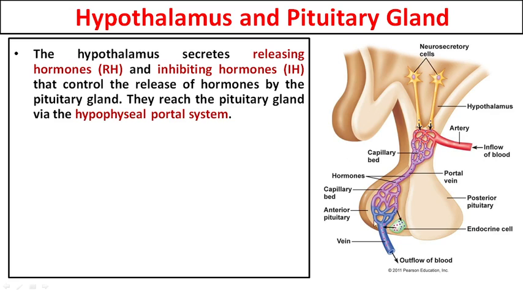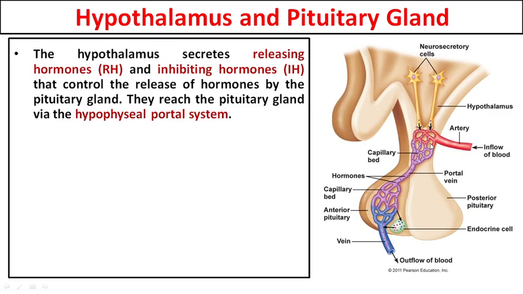Now why is this required? Like, why have this special system? So most of the hypothalamic hormones are only regulating your pituitary hormones. They do not have a function anywhere else in the body. Okay, I'm saying most. Most of your hormones of the hypothalamus are required directly in the pituitary gland.